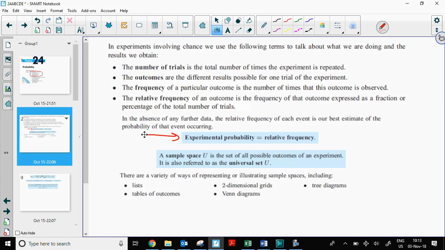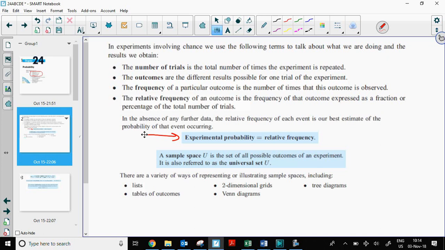So when we're talking about the probability of something occurring, there's two different things we might mean. One is theoretical probability, which we'll talk about later. That's like saying, hey, when I roll a dice, there's a 1 in 6 chance of me rolling a 2. Experimental probability would be, I have a very particular dice, I roll it a million times, and what's the actual relative frequency of a 2 having been rolled?